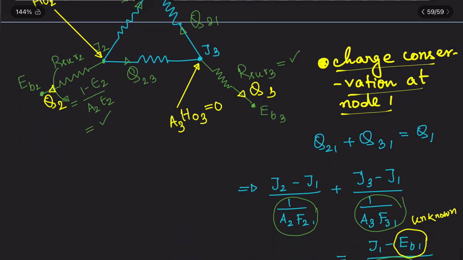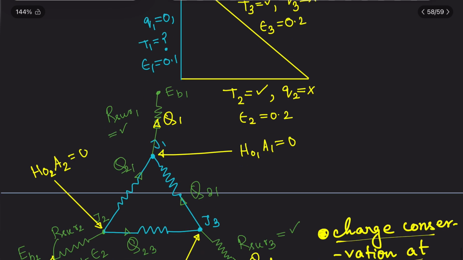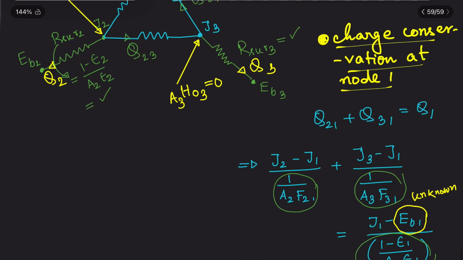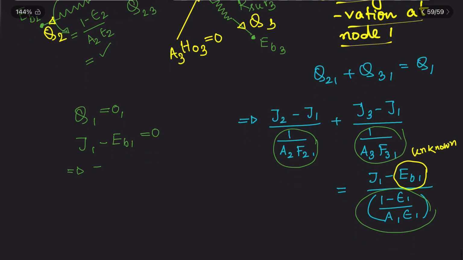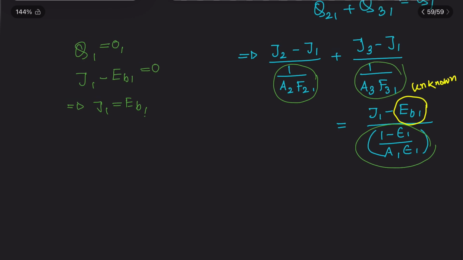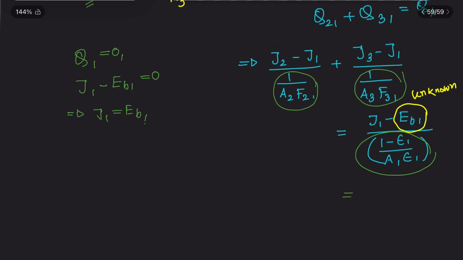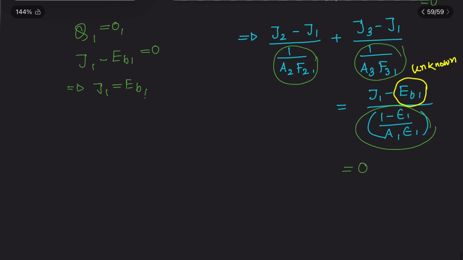So first of all, you see that Q1 is equal to 0 because this is adiabatic. So Q1 is equal to 0. Now if Q1 is equal to 0, then I can write my J1 minus EB1 is equal to 0. That means my J1 is equal to EB1. So here this is equal to 0 because this is equal to 0. That means I have this equation.